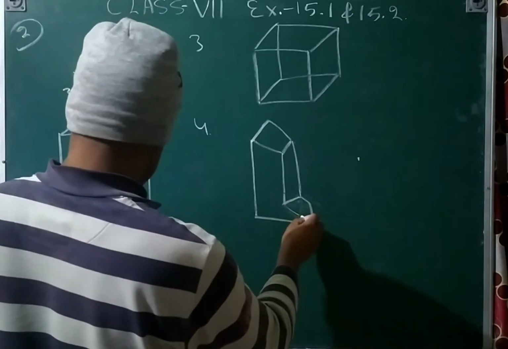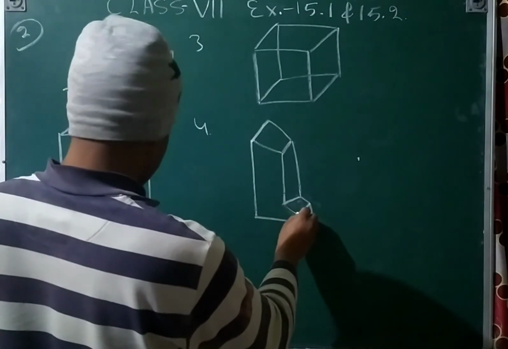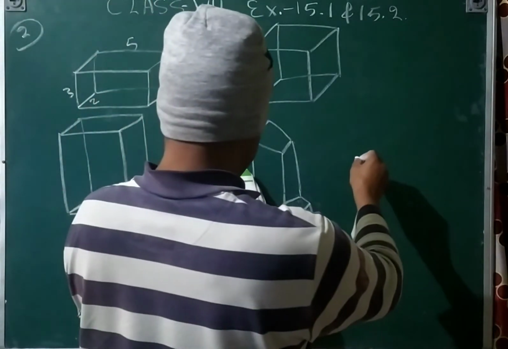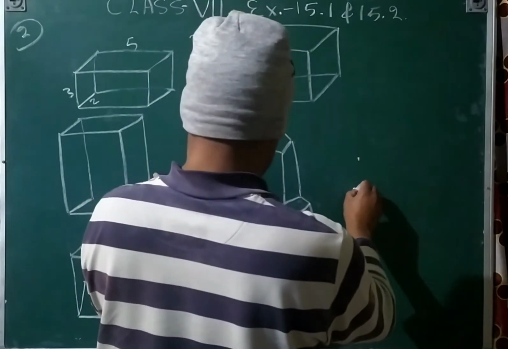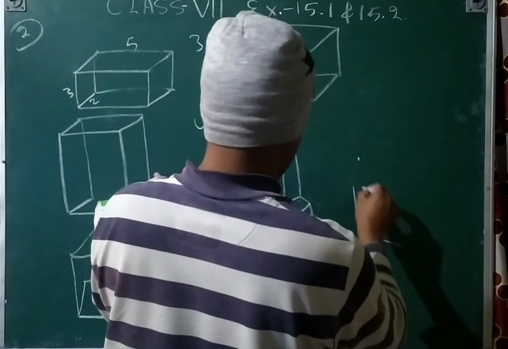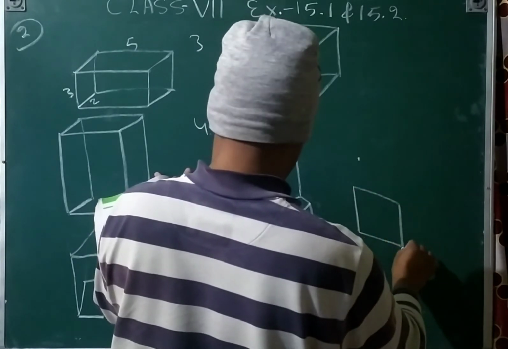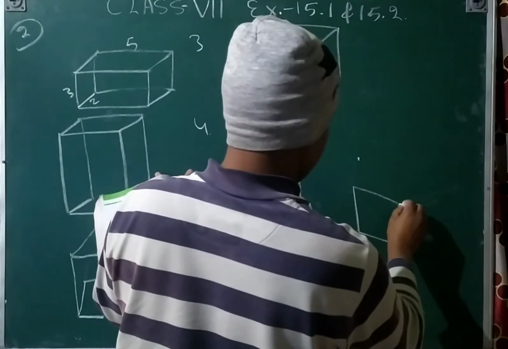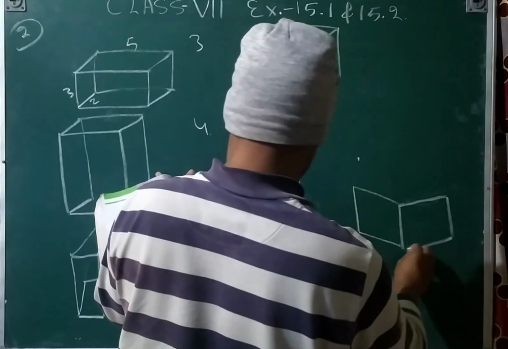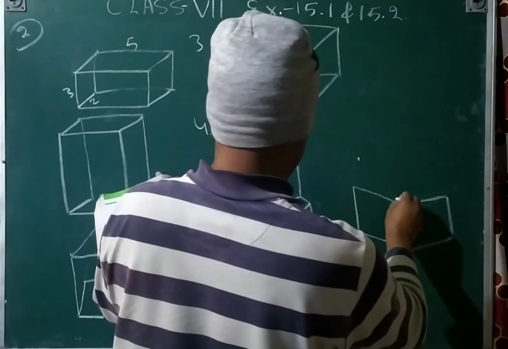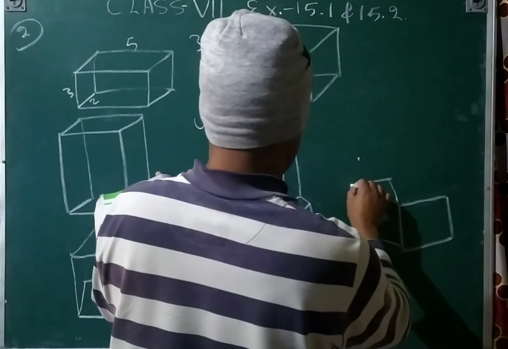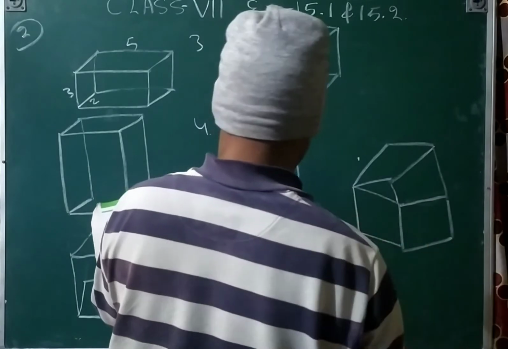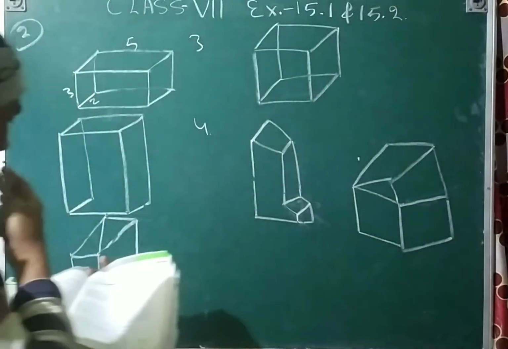And then again this one line, and then this will be joined like this. And then you see it looks like a hut. Like this you will draw.